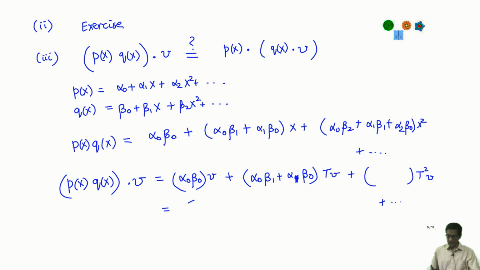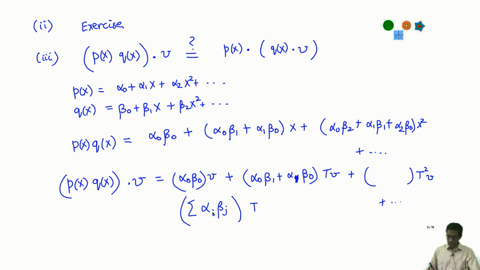Observe, this looks like the sum of alpha i beta j. So what does a typical term look like? This is the coefficient. So let's write this out also as a summation.